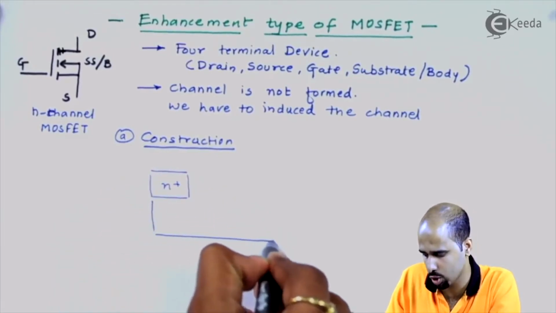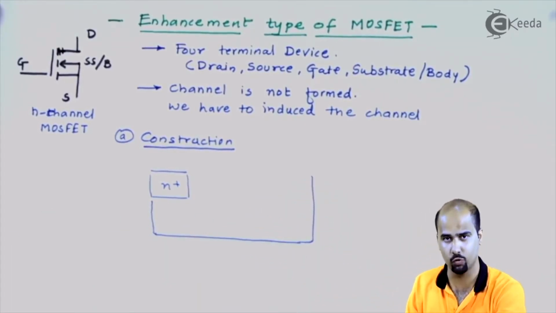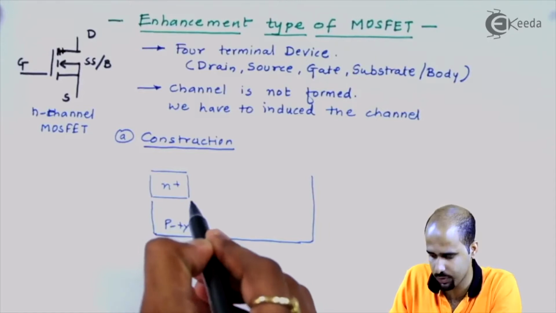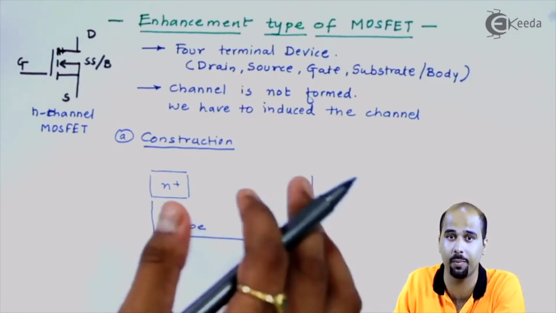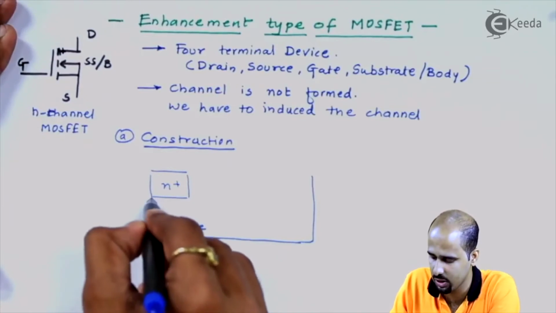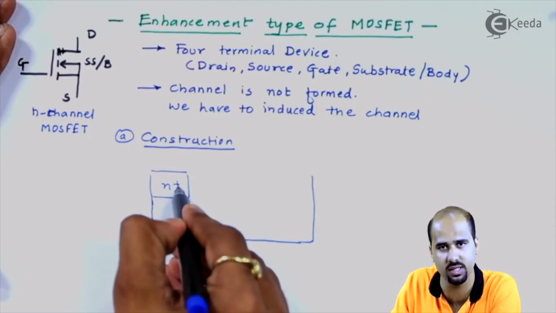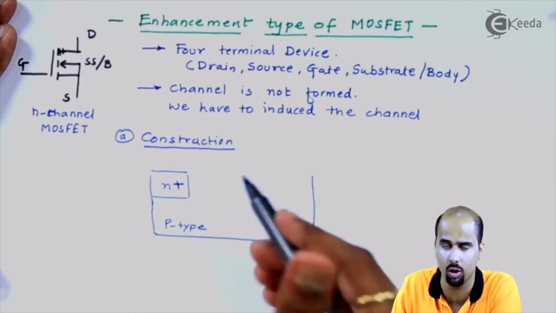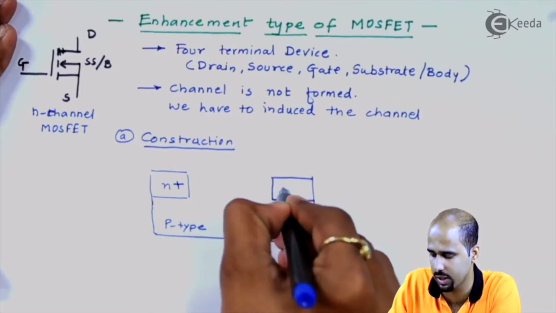I should draw the first layer, which is the P type semiconductor, the base layer over which we fabricate the enhancement type of MOSFET. Over this P layer we dope N type impurity in a heavy dose, that's why the plus is written here. That terminal is either drain or source, and exactly on the opposite side we dope the same N type impurity.